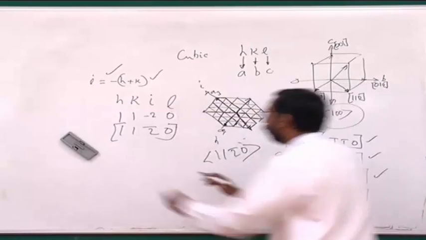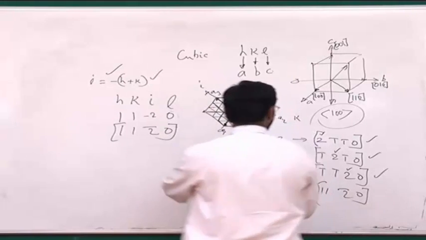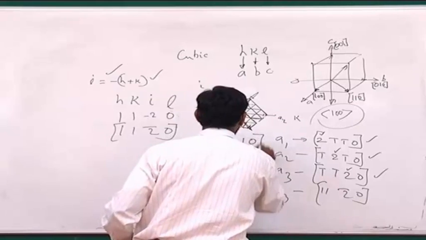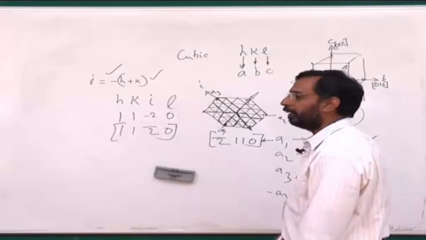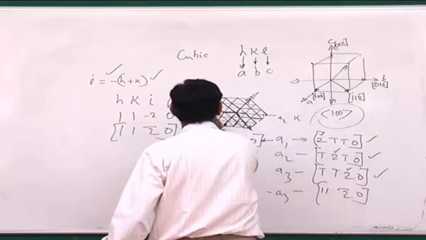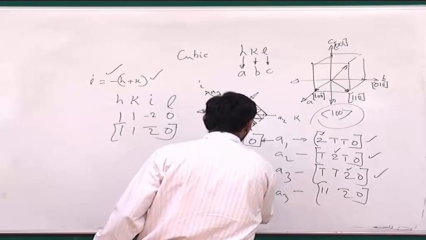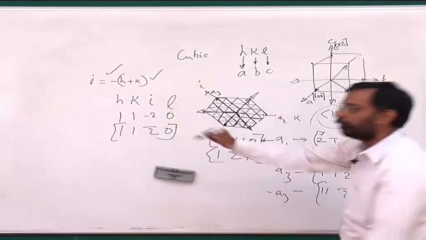For example, I can show that this vector, which is negative of A1, will automatically become bar 2, 1, 1, 0. You can do it for yourself and you will see that this vector will be that. And similarly, this vector, if I show, you will see will be 1, bar 2, 1, 0. That will be nothing but the negative of A2.